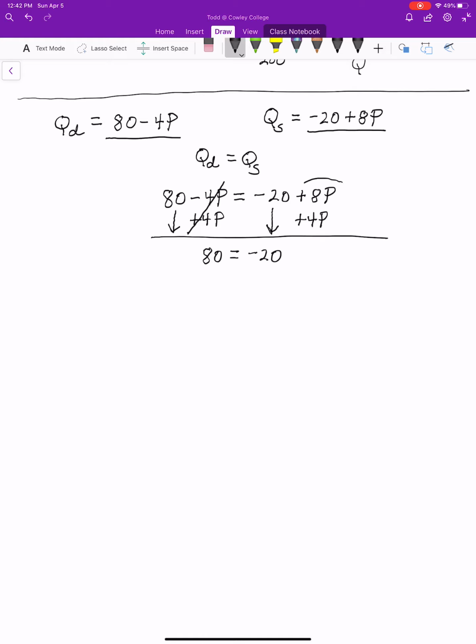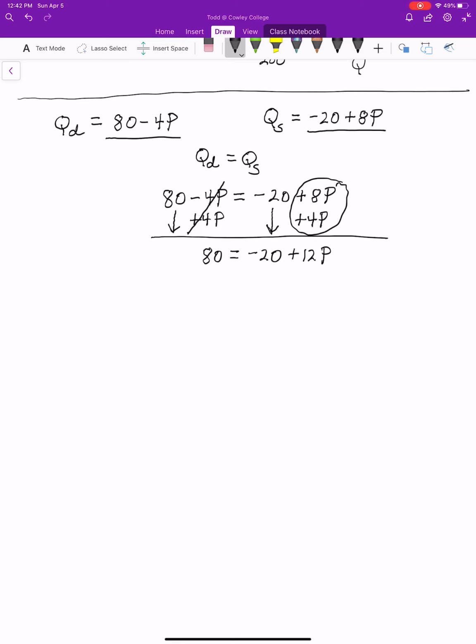And then you add these two terms together. So 8P plus 4P is going to give you a positive 12P. So you add your coefficients and attach the variable.